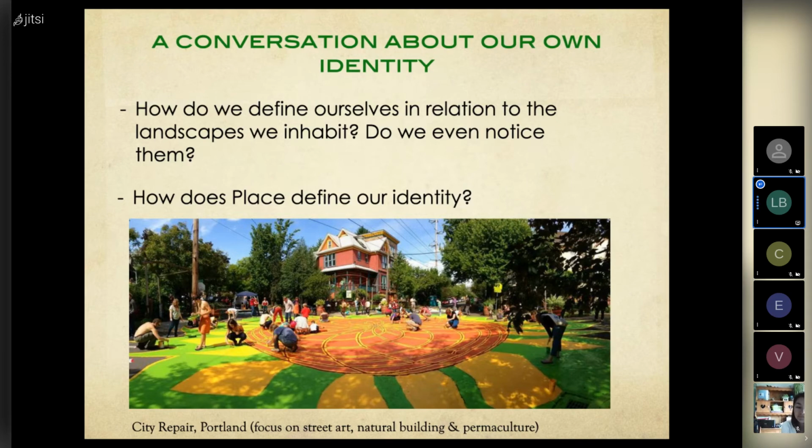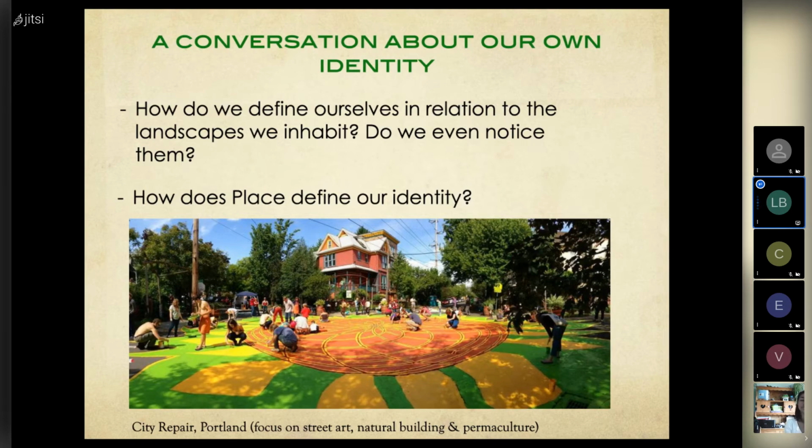And then this branched out into the creation of little micro libraries, little cob benches, because they wanted the neighborhood to be more livable and for people to have places to gather. This also resulted in curbside gardens, and there was a mobile tea shop where people from the community could come and get tea.